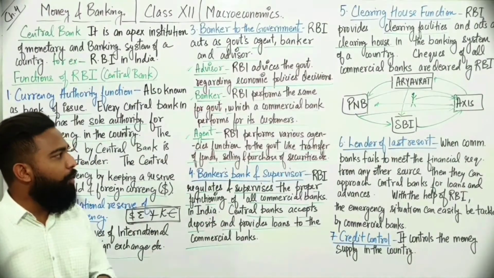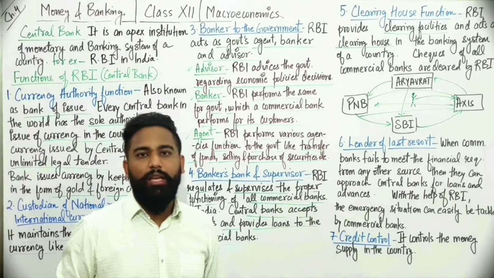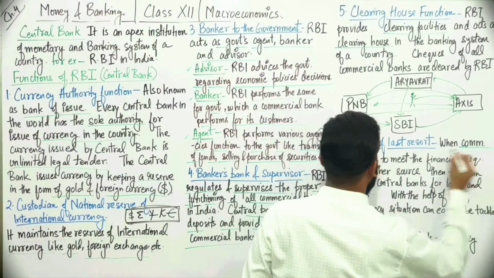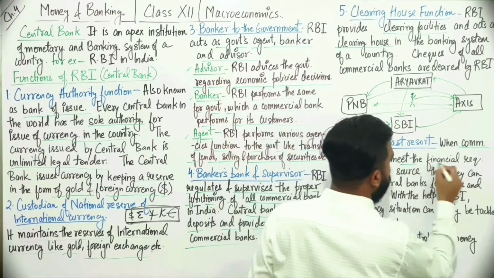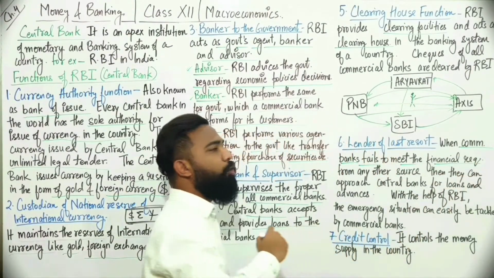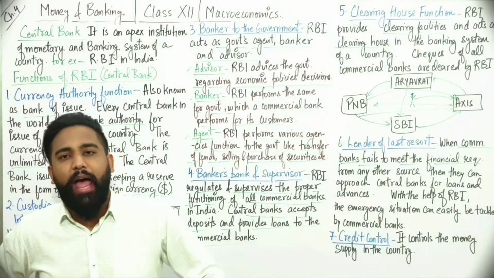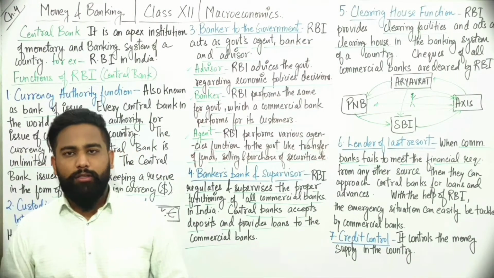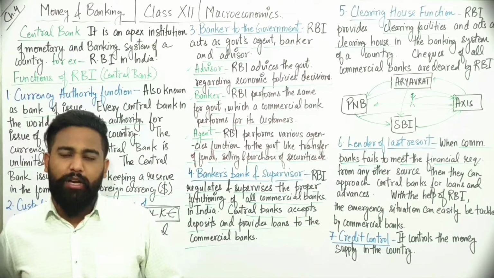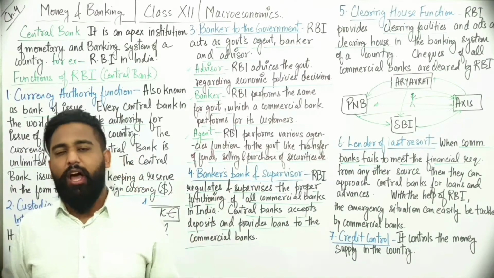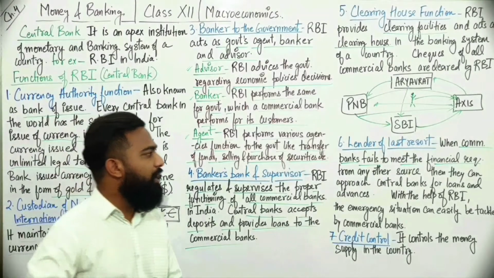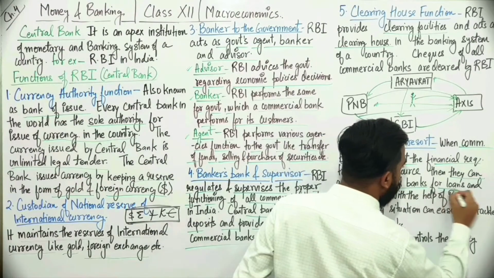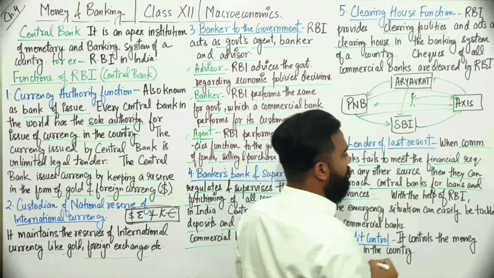Now the last point is lender of the last resort. When commercial banks fail to meet financial requirements, suppose the commercial bank needs to give loans or withdrawal money to customers and they don't have such an amount, then in that case they can approach the central bank for loans and advances.